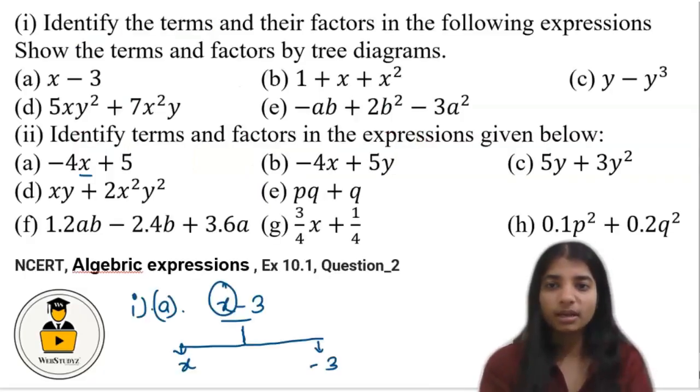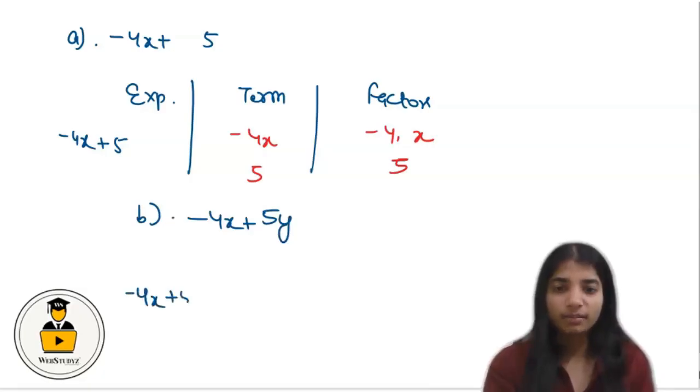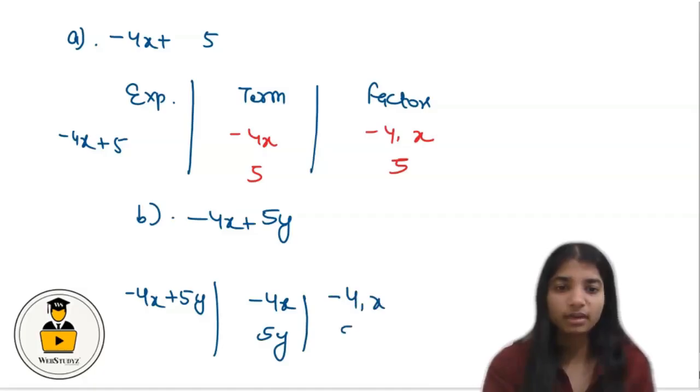Now we have part B, which is minus 4x plus 5y. Our expression is minus 4x plus 5y. The terms are minus 4x and 5y. The factors for these are minus 4 and x, and 5 and y.